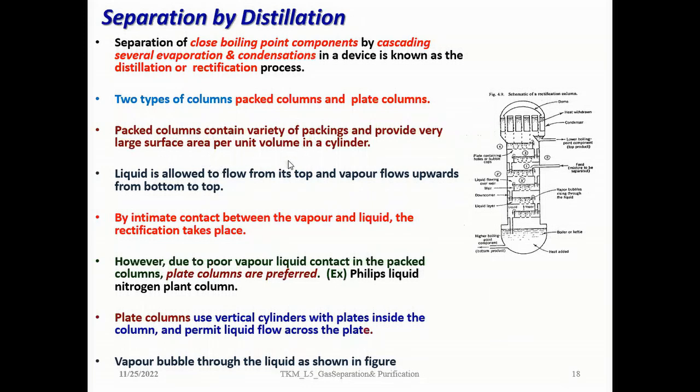In a plate column, there are a number of plates, whereas in a packed column, there are no plates, but they contain materials which have high thermal conductivity, so that good heat transfer can take place between the vapor and the liquid. The packed columns can contain a variety of packings and provide a very large surface area per unit volume in a cylinder.